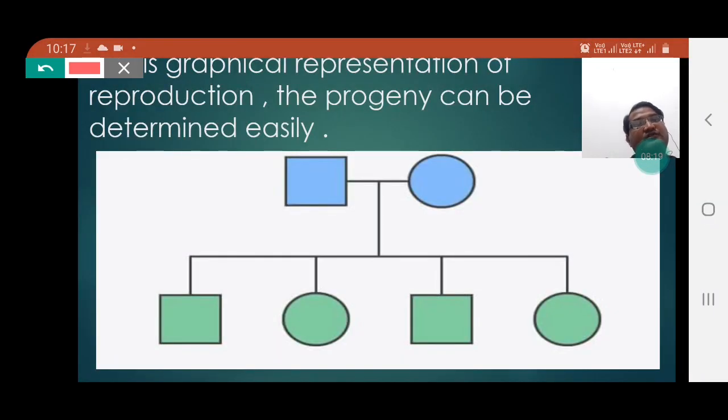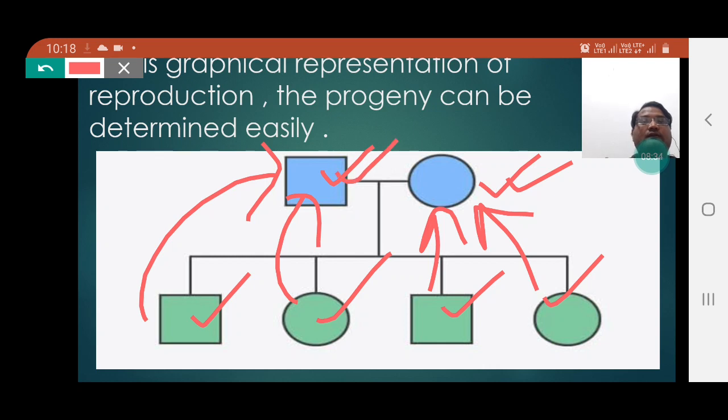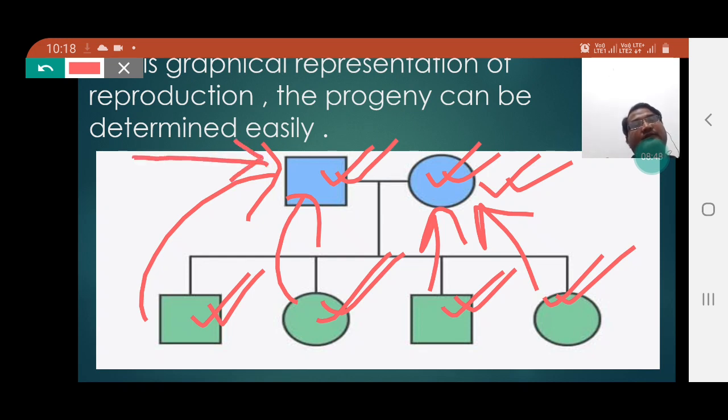The children of this parental generation are two girls and two boys with quite distinct features from their parents, because the color in the box and the circle is grey and the color in the offspring is green. So this shows that whatever gene or trait the parents were carrying is not transmitted to their children.